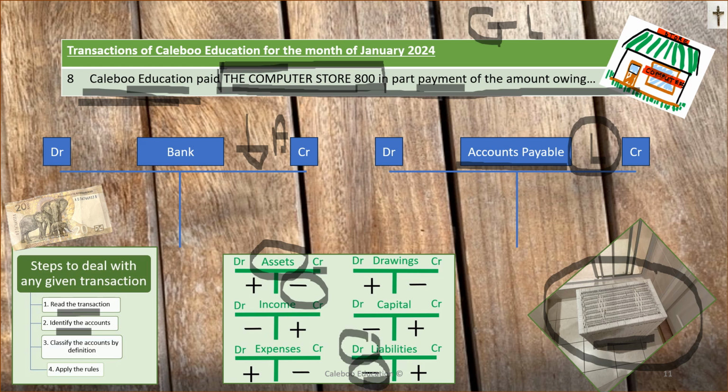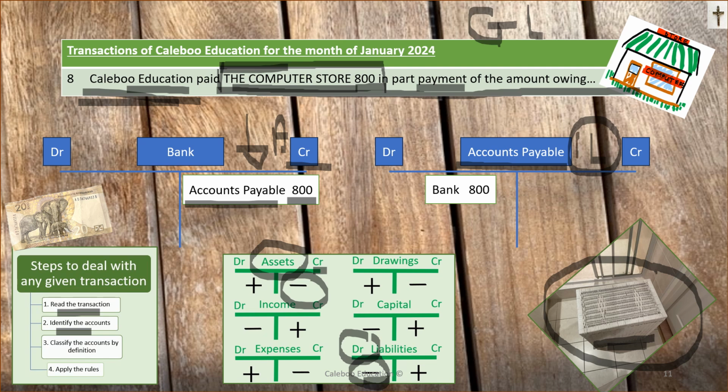And the rule says a decrease in liability must be debited. So what happened to our bank balance? It decreased. A decrease in asset, the rule says credit the account. And the details, accounts payable, the name of the contra account. The amount was 800. Then what happens to accounts payable or creditors control?